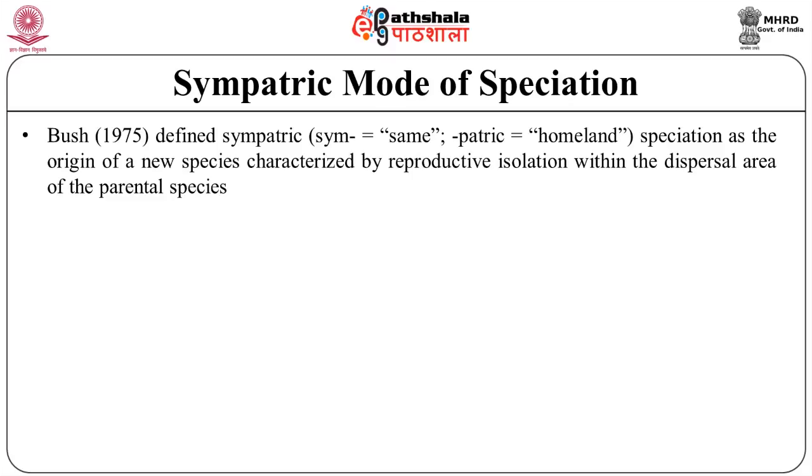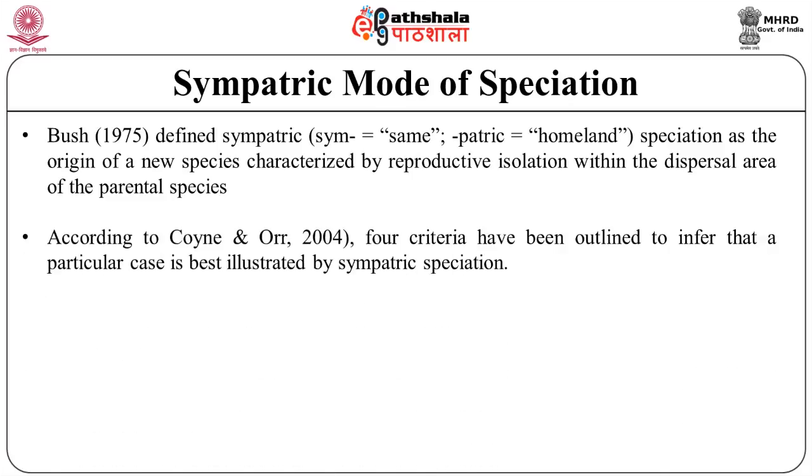This figure shows the sympatric speciation model suggested by Jenkins and Singh in 2012. Singh stated that sympatric speciation involves the instantaneous appearance of reproductive isolation between segments of the same population, and new species originate in the same geographical area.